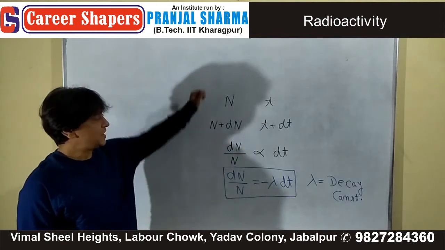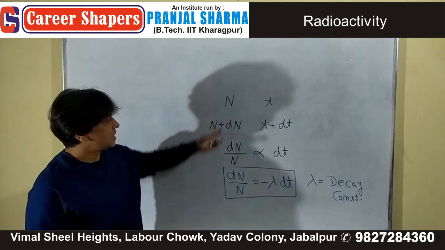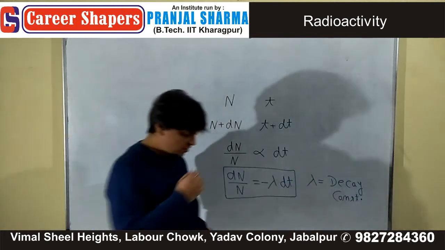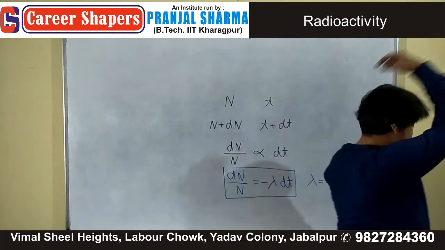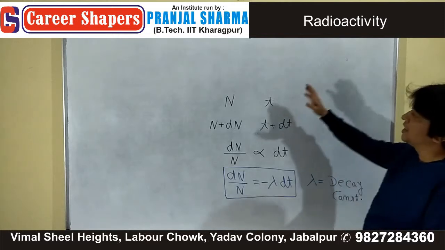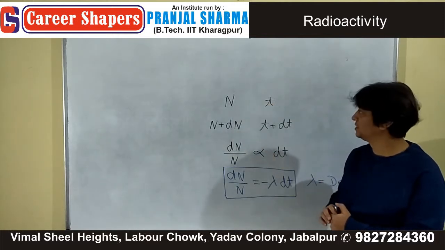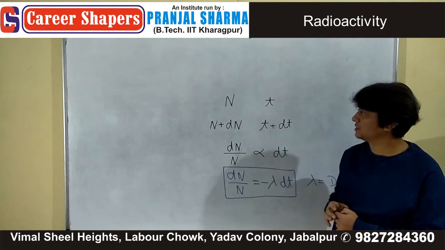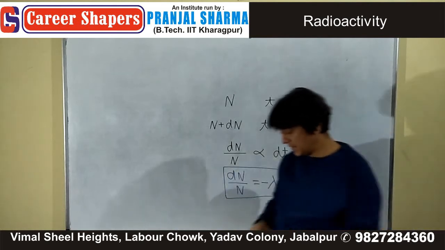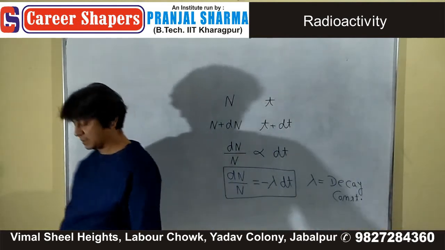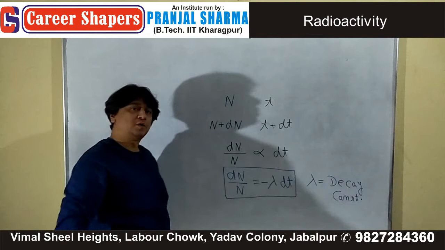Now, write down a few things. N is the number of active nuclides present at time t.